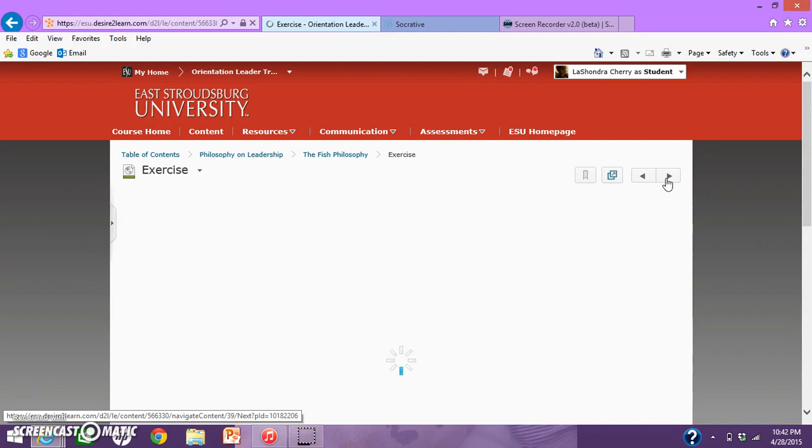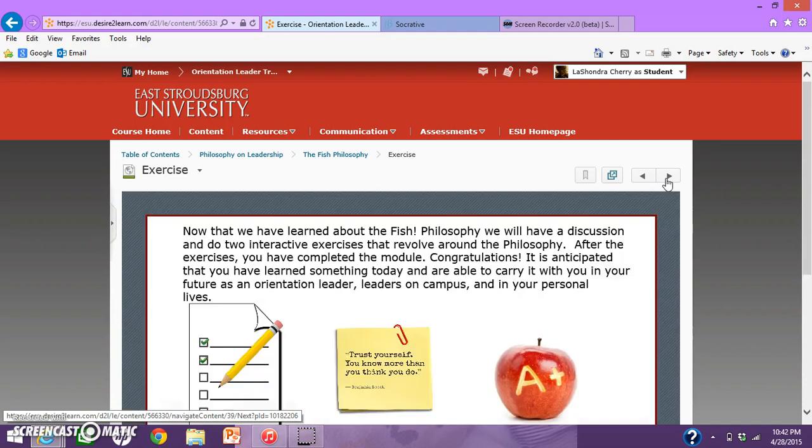we will do a short exercise. Well, it's not really a short exercise, but now that they have learned about the fish philosophy, we will be doing 2 exercises. The first one, there will be post-it notes posted around the classroom that will have different scenarios of what could happen at an orientation session.